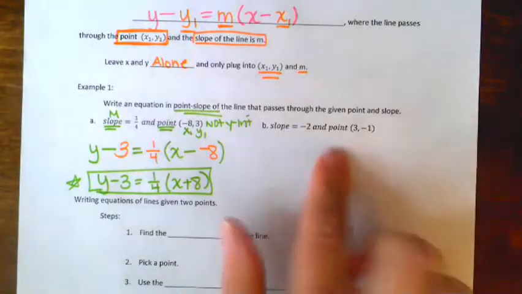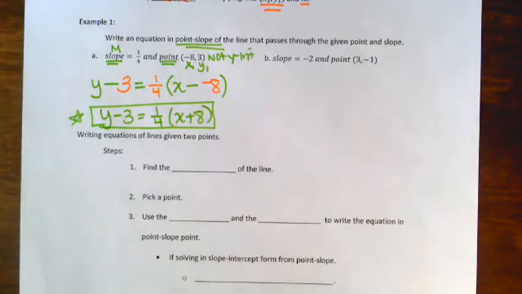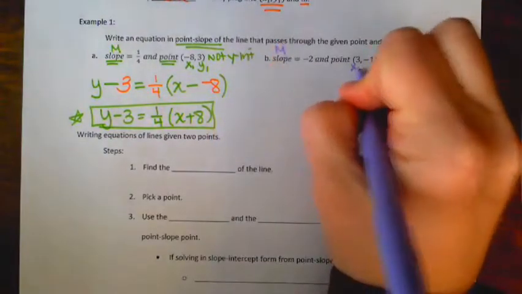Go ahead and write B into point slope form for me. Once again, slope is my m, and my point is x1, y1.